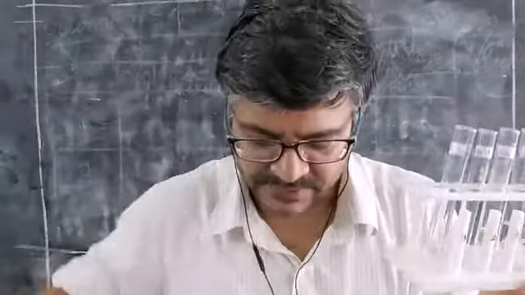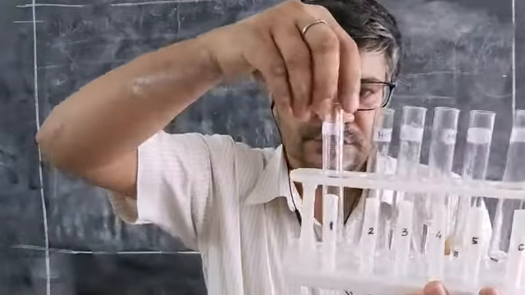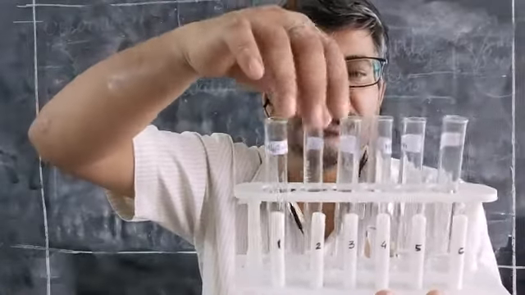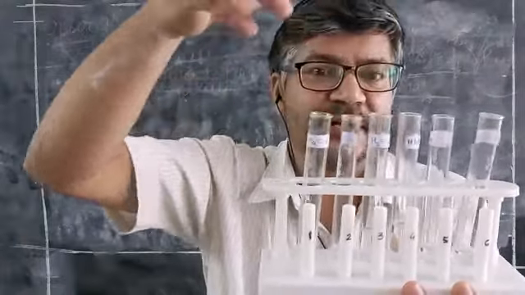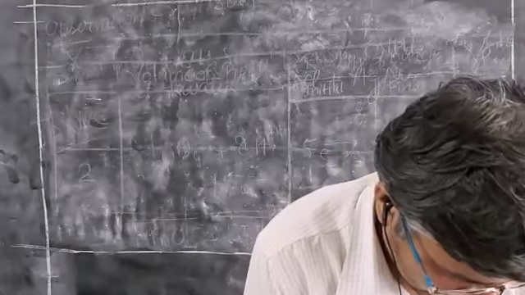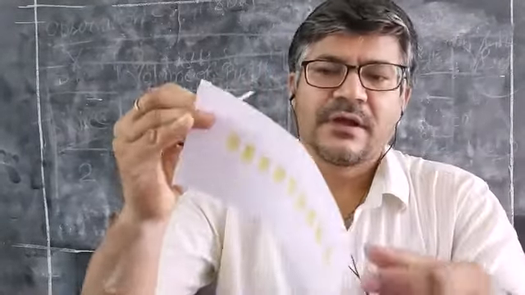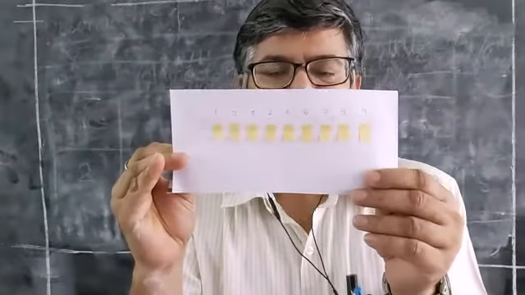These are the chemicals. Though I have marked them, they have to be verified once again to see whether these were actual readings or not. I have with me these little strips of universal pH indicator paper.